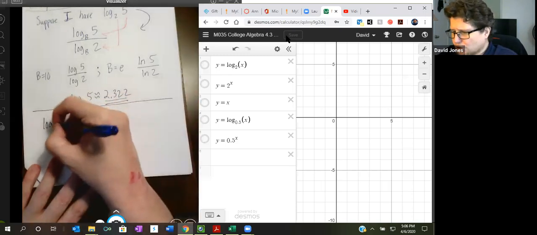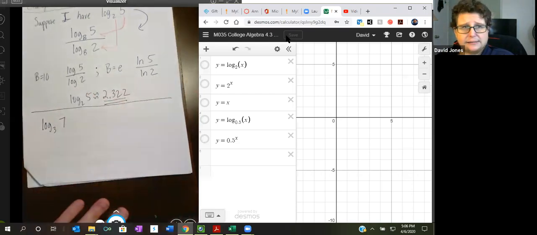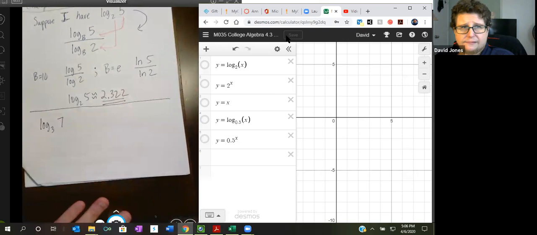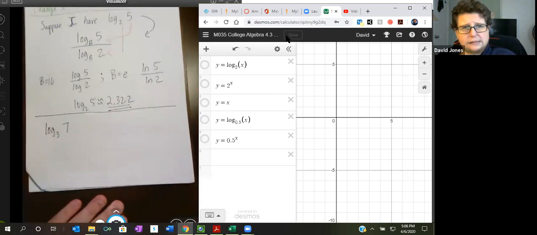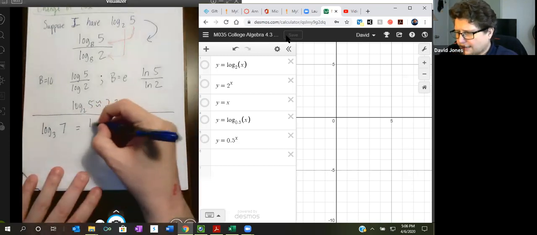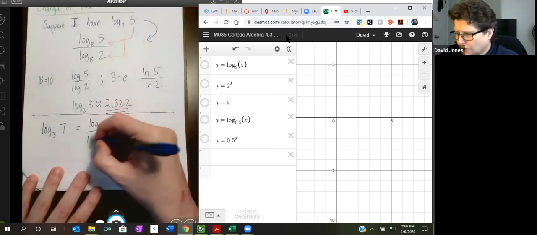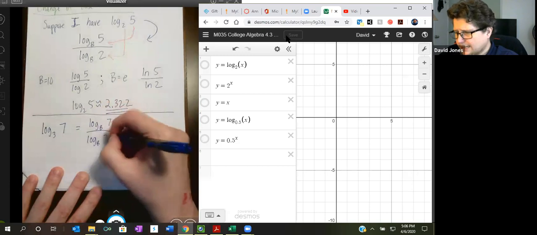Why don't you guys try log base 3 of 7? We can rewrite this as log base b of 7 over log base b of 3.